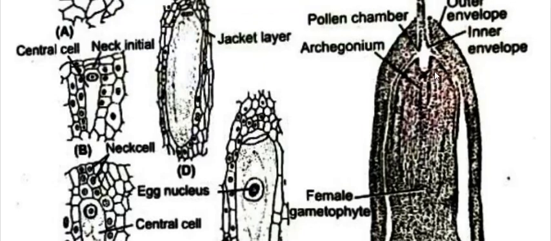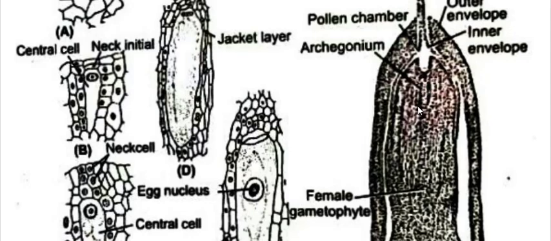This is also a diagram which is showing the nucellus, and inside this nucellus the female gametophyte is produced, and at the upper end of this female gametophyte towards the micropylar end, archegonia are produced.